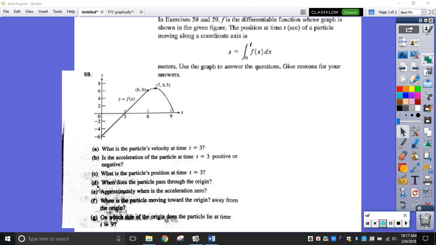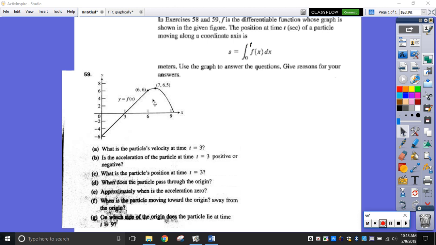So D, the next question, asks, when does the particle pass through the origin? And so that is a position question. It's asking, when is the position 0? And so if we are representing position as an area, what we're asking is, where is the area 0?